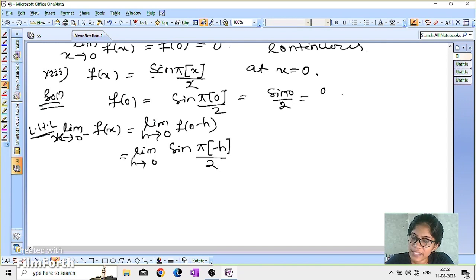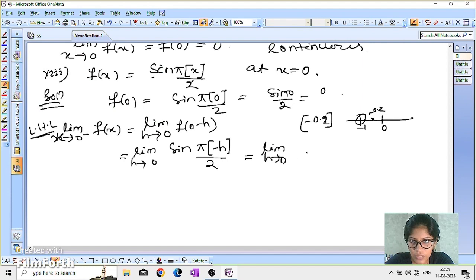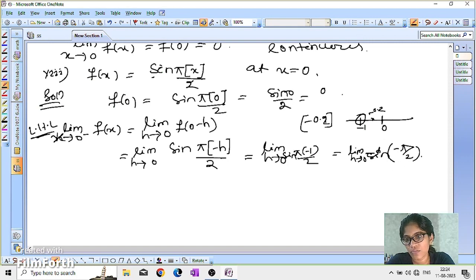Minus h means h tends to 0 from the negative side, like minus 0.1 or minus 0.2. Taking the greatest integer, we get minus 1. So it equals sin of pi into minus 1 by 2, which equals sin minus pi by 2, which equals minus 1, because sin of minus theta is equal to minus sin theta.